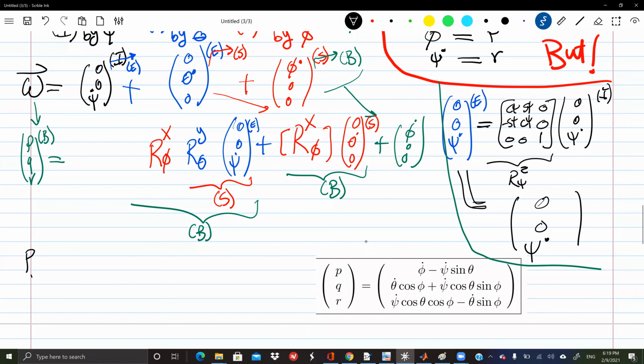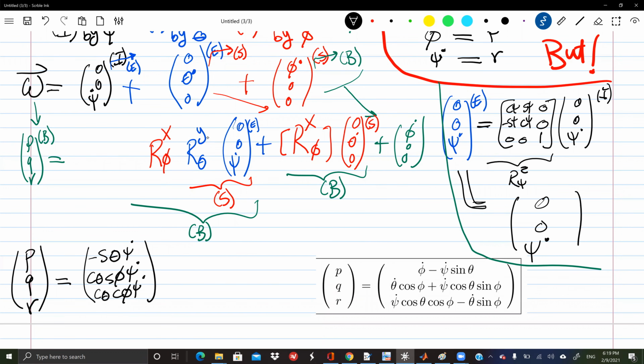So PQR here is equal to this first thing, negative sine theta psi dot, cosine theta sine phi psi dot, cosine theta cosine phi psi dot.